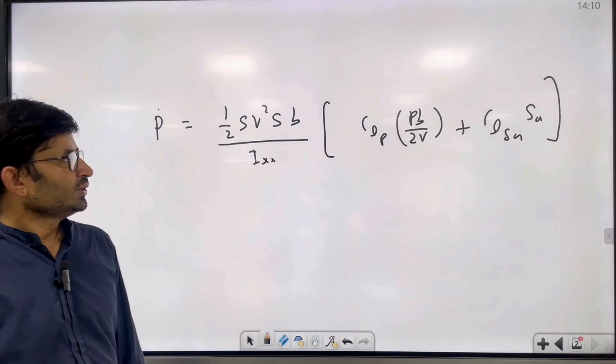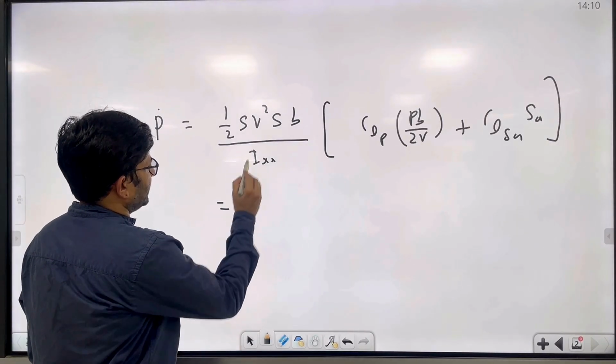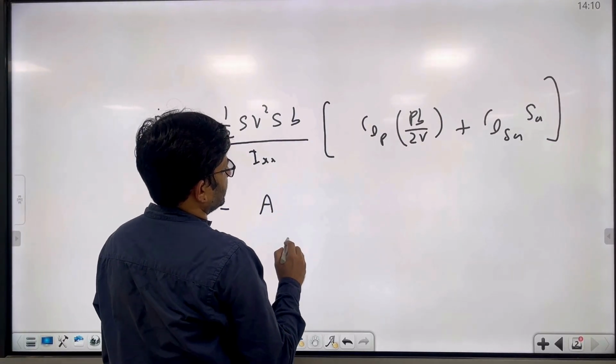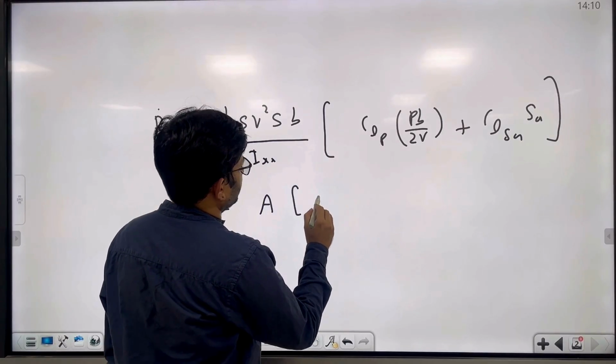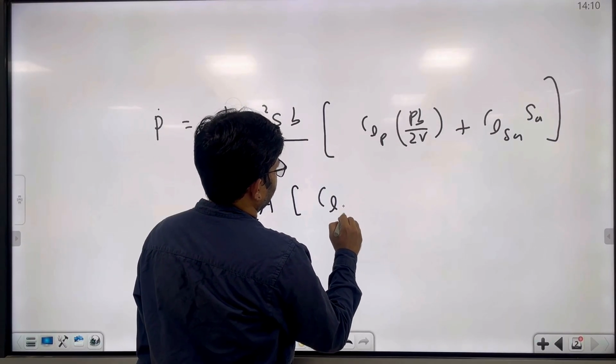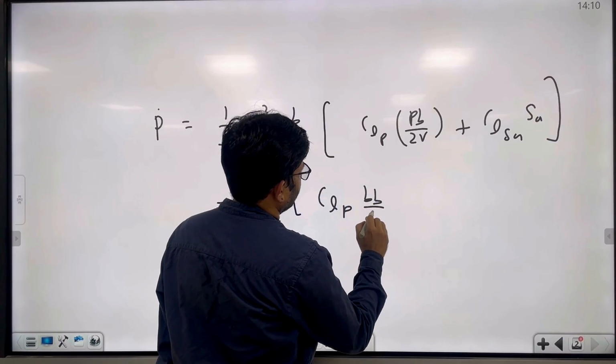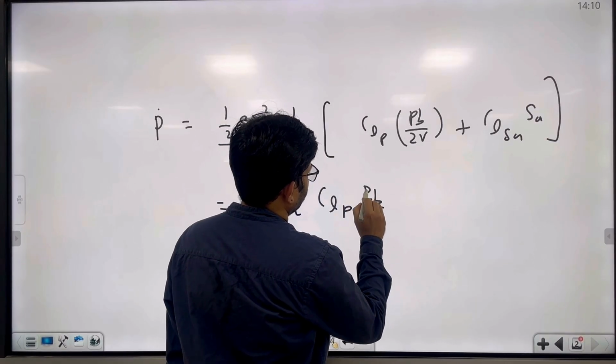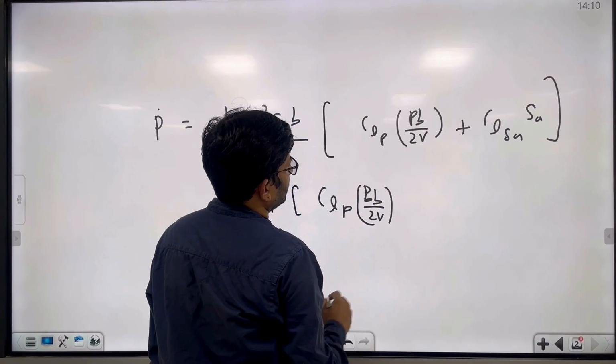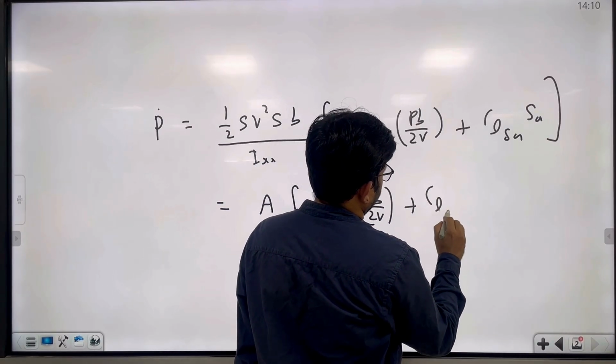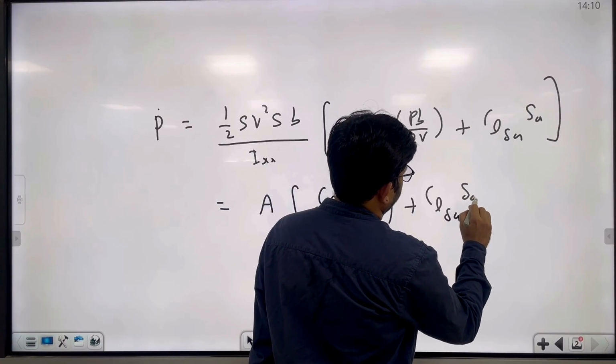So here you can write this as A, so you can write A into Clp pb by 2V and Cl delta A into delta A.